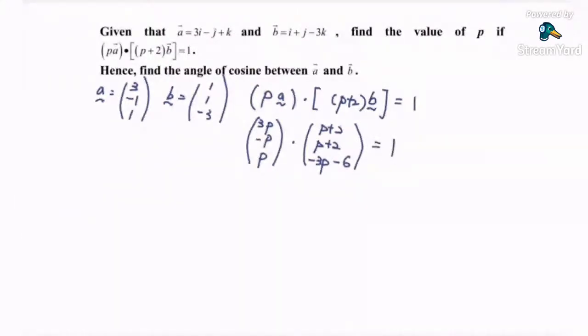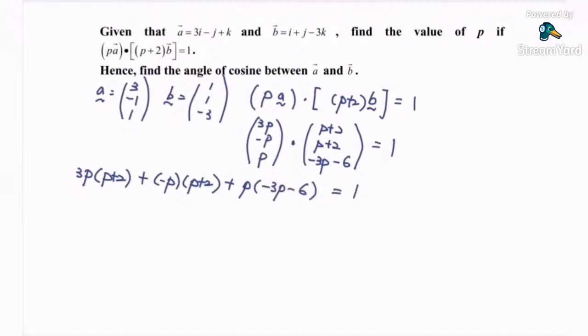So kindly make use of the situation where we have dot. So the process of dot is 3P multiply with P plus 2 plus, where we have negative P multiply with P plus 2 plus P multiply with negative 3P negative 6 equals to 1. Kindly expand the situation. So 3P squared plus with the 6P minus P squared minus 2P negative 3P squared negative 6P minus 1 equals to 0.